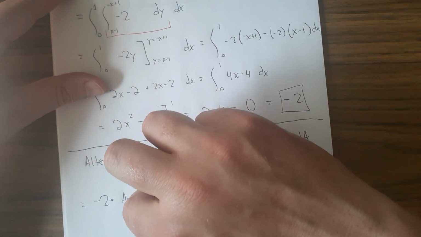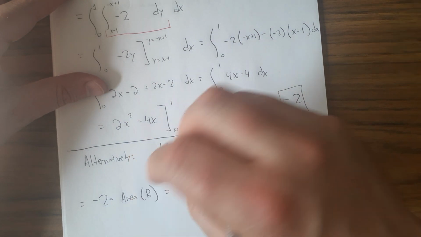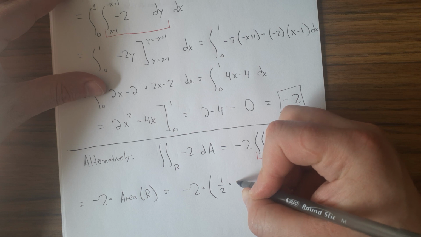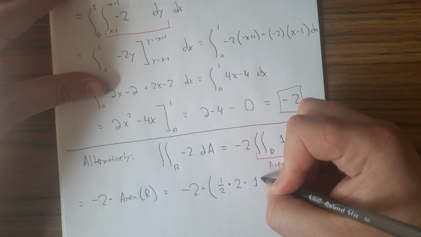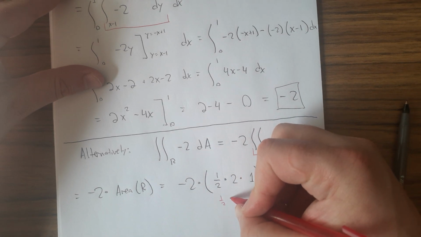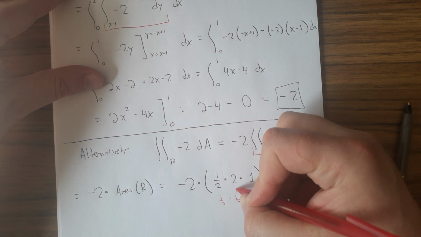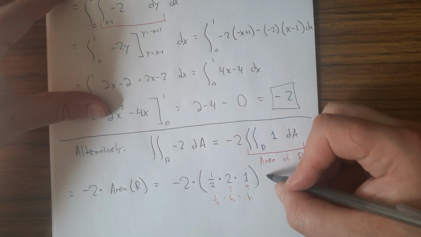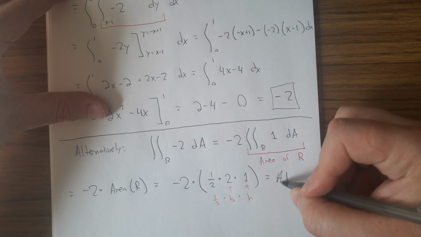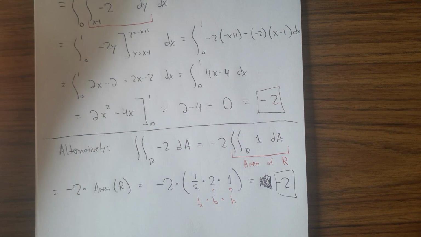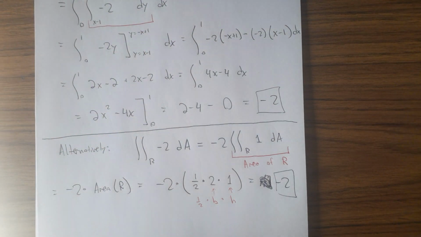So when I fill in the area of R, the area of a triangle is 1/2, base is 2, height is 1. So all that's just 1 inside of there. So we get negative 2. Same answer we got as before, just maybe a little bit less work. You can do it either way.